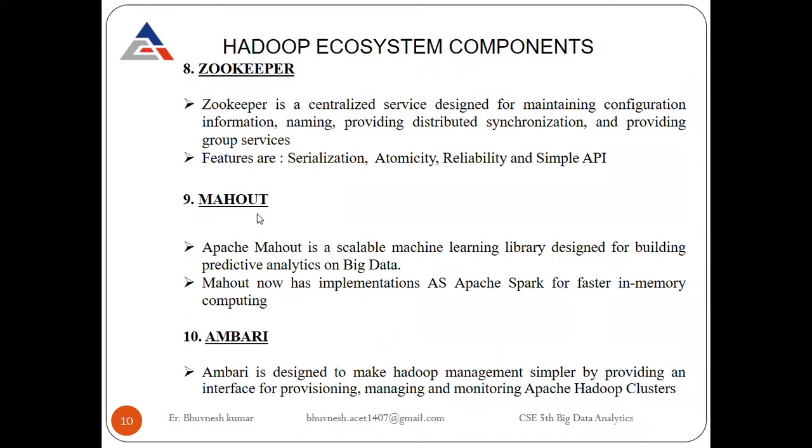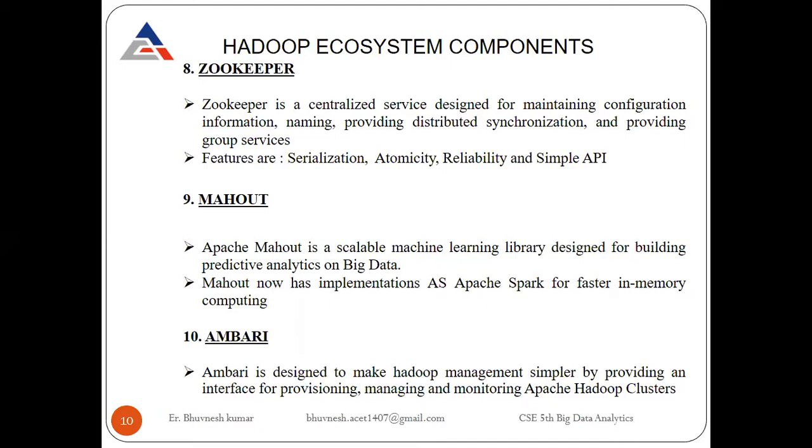Then there is next Mahout. Apache Mahout is a scalable machine learning library designed for building predictive analytics. In Mahout there is the concept of machine learning libraries, and if there is machine learning, we can perform any type of analysis.